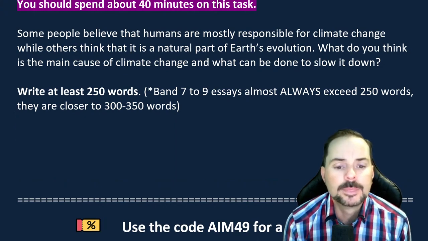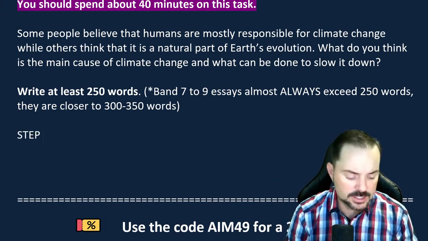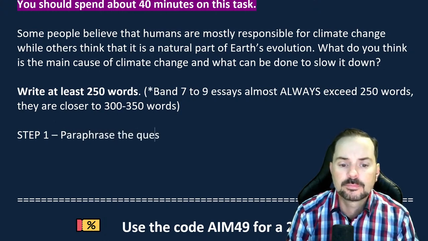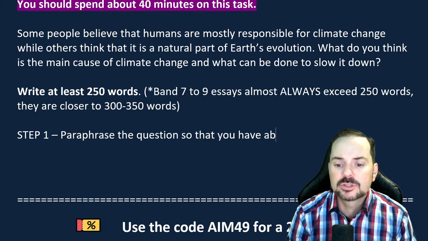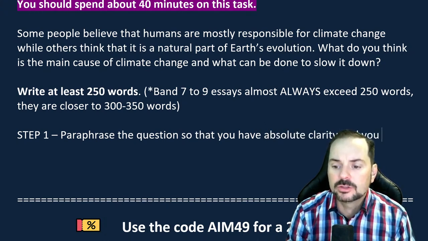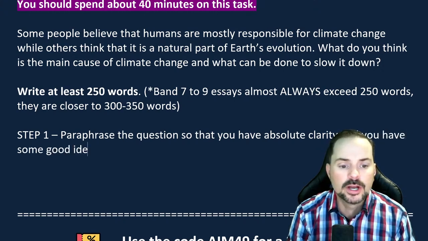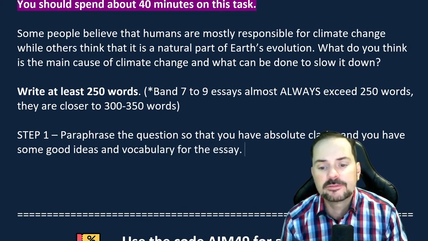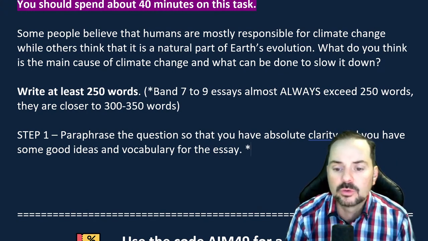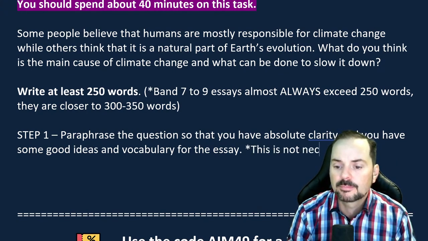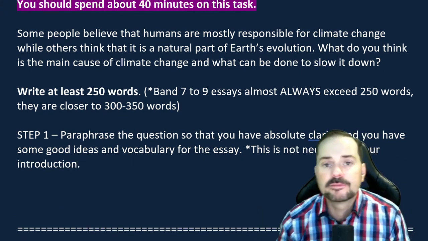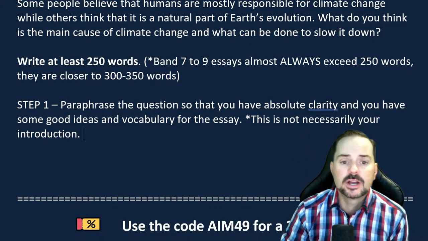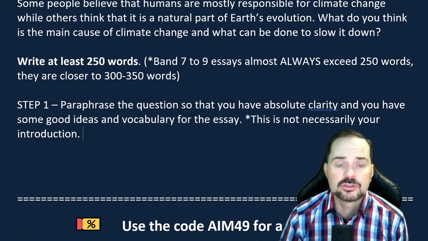All right, so step 1 is to paraphrase the question so that you have absolute clarity and you have some good ideas and vocabulary for the essay. So that's why you paraphrase. Now, paraphrasing isn't necessarily your introduction, okay? If you think that just paraphrasing the question is enough for a band 7, 8, 9 for your essay for the introduction, it's not.